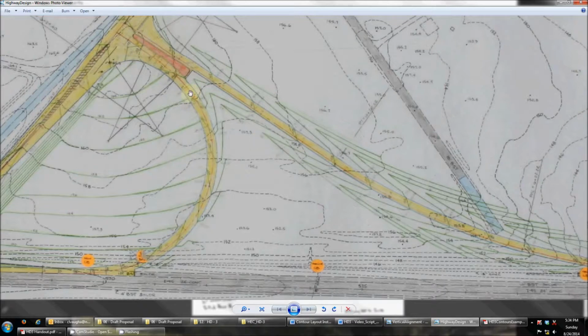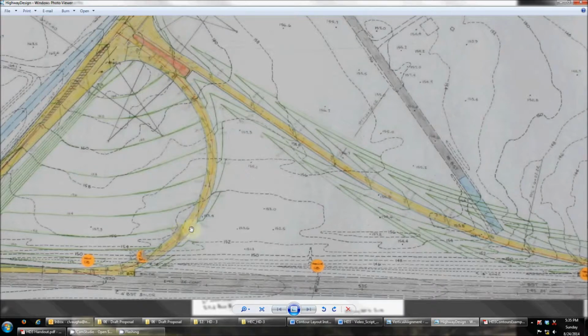So between the TS and SC stations and between the CS and ST stations. I don't have them marked here, but I believe you'll still have them marked on your drawing. So between those stations, the cross slope is going to constantly be changing. So it's not going to be quite as straightforward, but give it your best shot.